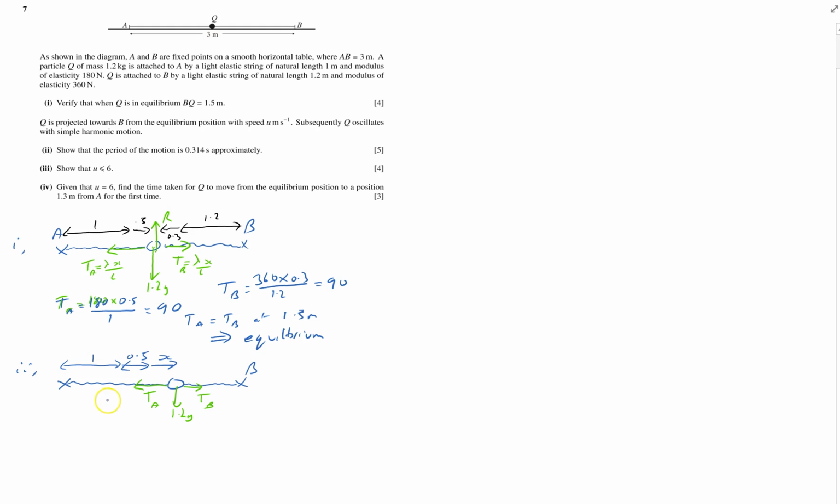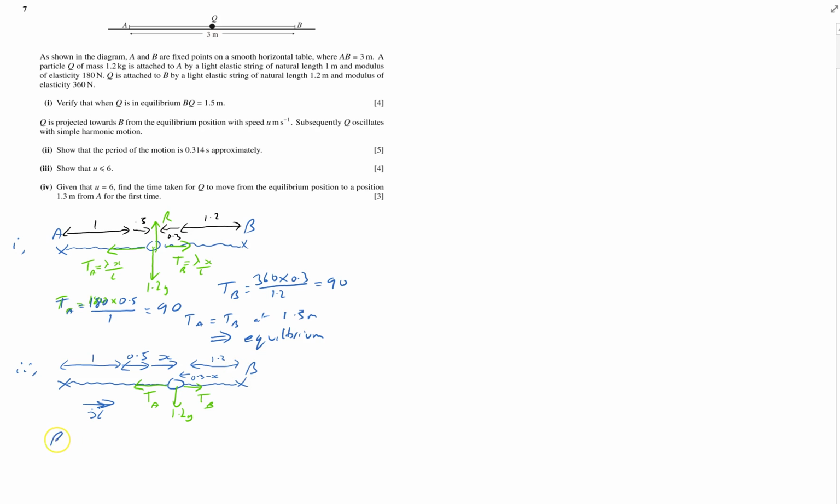As soon as I do that, that means I'm defining the right to be positive, and so that will be x double dot, the acceleration to the right. On this one here, we've got 1.2, and then we've got the bit in here with 0.3 beside them. That'll be 0.3 minus x, and now we can do it.